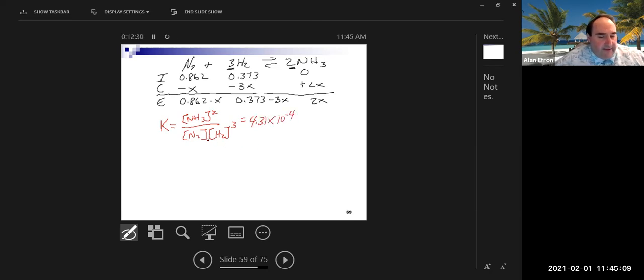So we're going to take our equilibrium stuff there and put it in. That will give us 2x squared up on top, going to equal 0.862 minus x times 0.373 minus 3x, and we still need to cube that thing, and that's going to equal 4.31 times 10 to the minus 4 in this particular case.